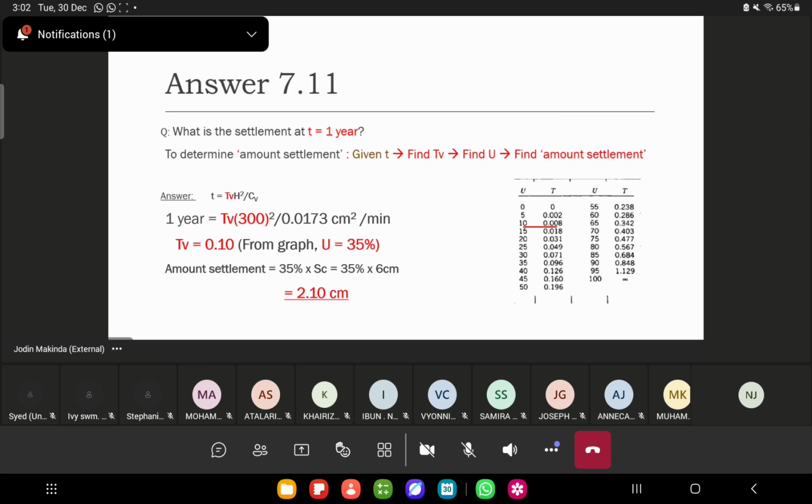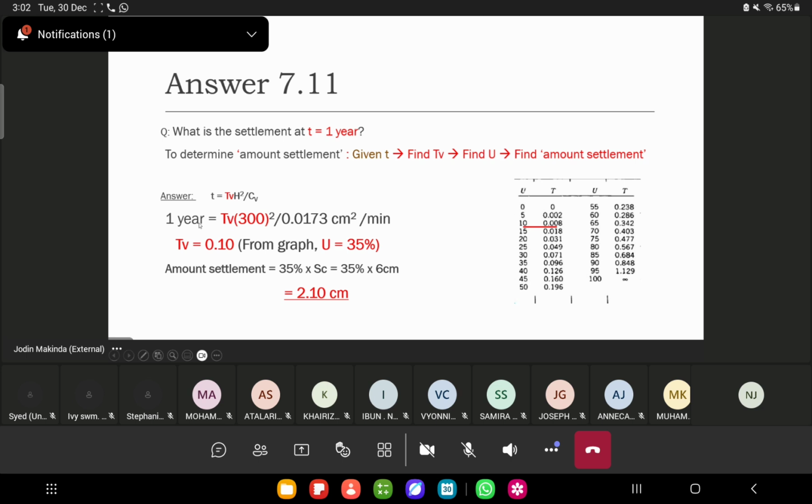If you follow the hint, if you know the time, you can find time factor from the equation. If you know the time factor, you can find the U from the table. If we know U, you can darab to get amount of settlement.